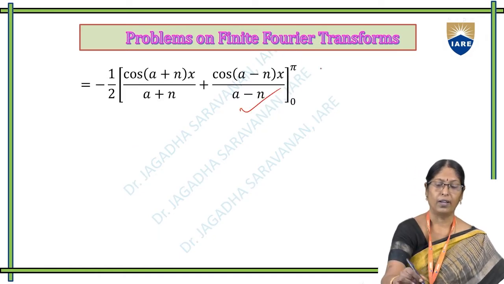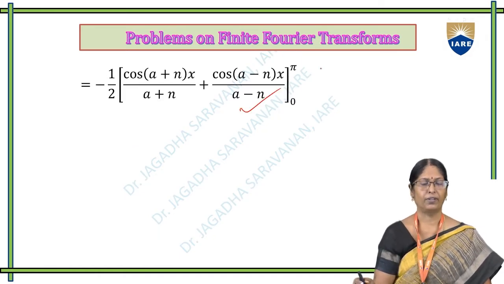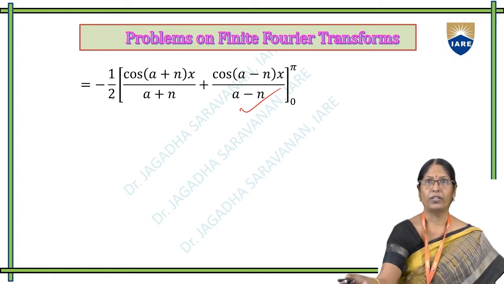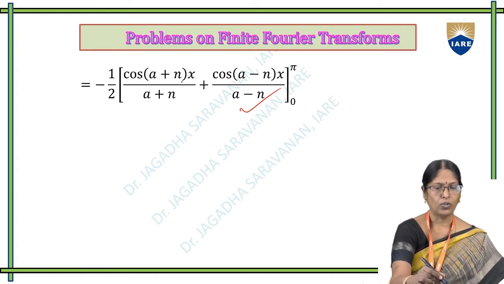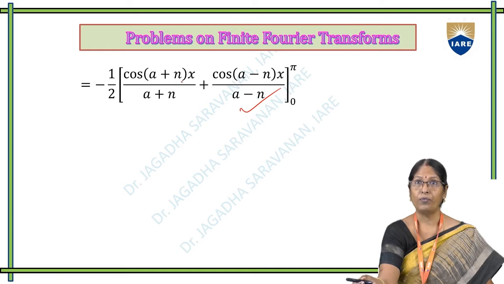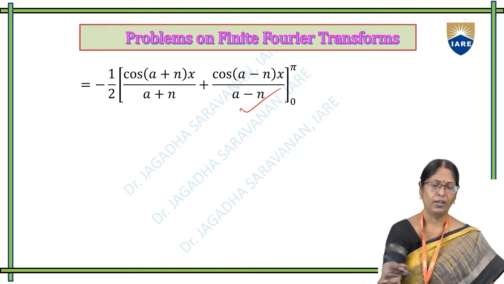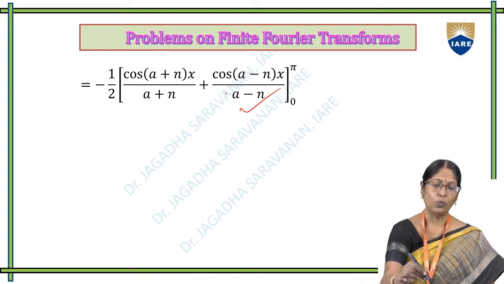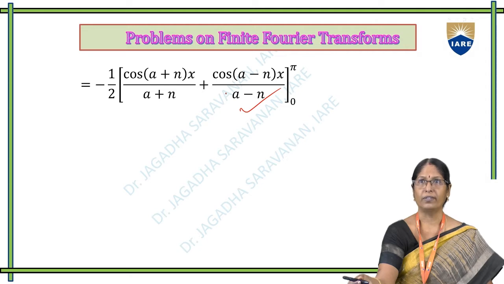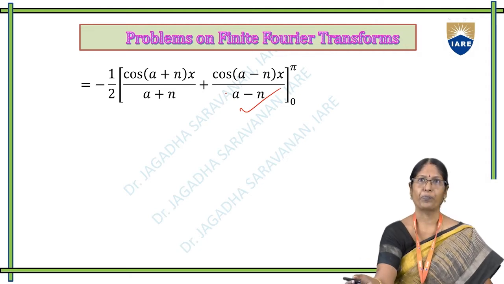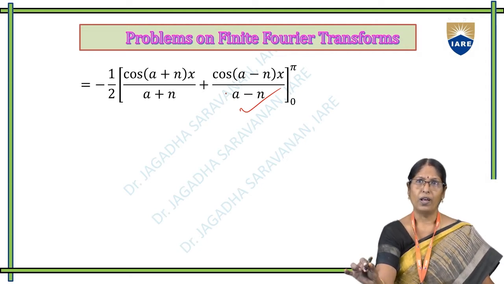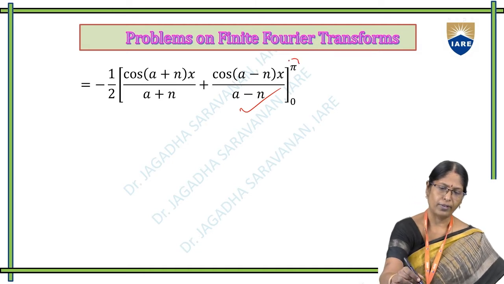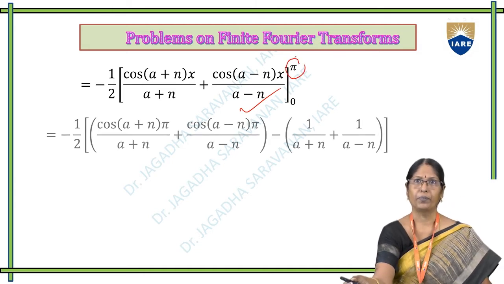So this is the last step of the previous slide: minus 1 by 2 of cos of a plus n of x divided by a plus n plus cos of a minus n of x divided by a minus n, from 0 to pi. Now we concentrate on the upper limit.